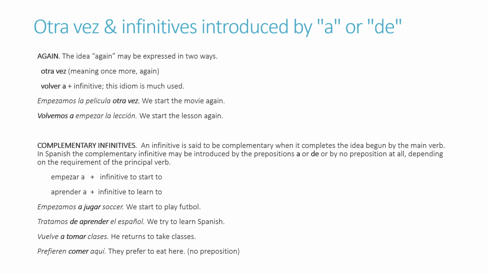So we can combine this and say, empezamos a jugar soccer. Tratamos de aprender el español. Vuelva a tomar clases. Prefieren comer aquí. As we can see, complementary infinitives with these verbs, empezar or aprender, plus the preposition a, plus the infinitive form of any verb, will help us add more power to the sentences in our Spanish.